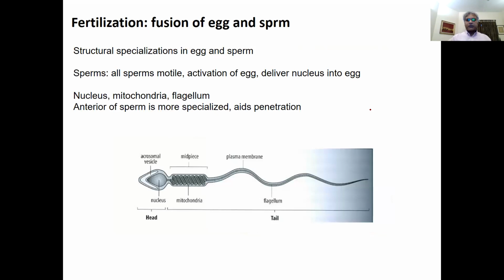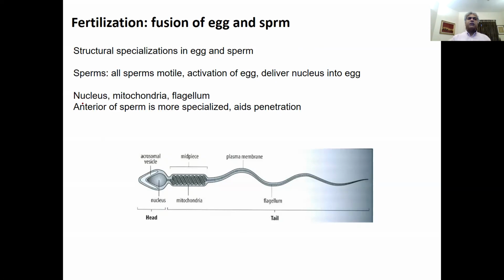Now, in order to understand this process, we have to understand the structure of sperm as well as the oocyte. And also we have to learn about what are the contents in these specialized cell types. As I said, and we learned last time as well, both sperm and oocyte, egg cell, are very specialized structures.